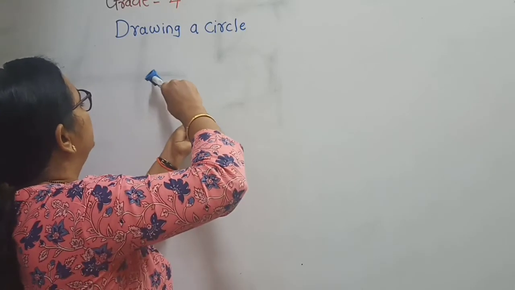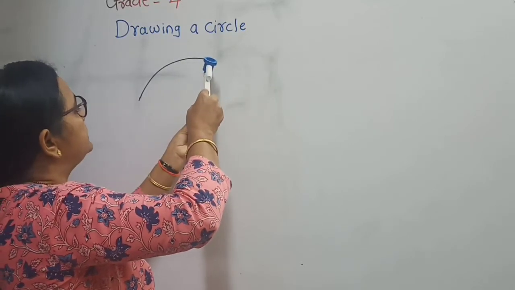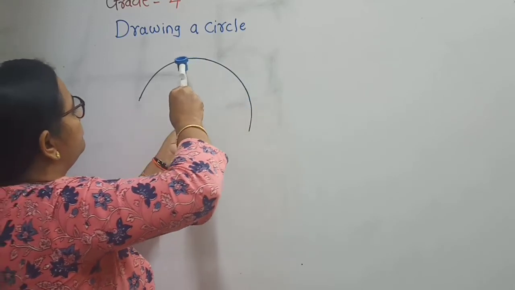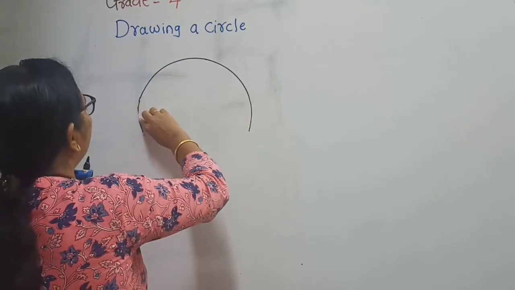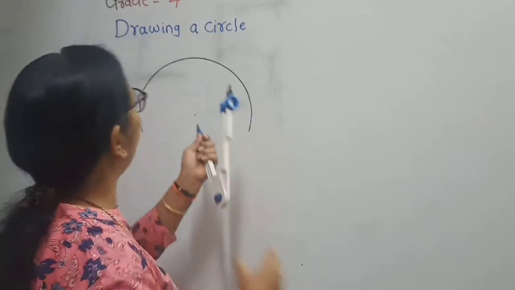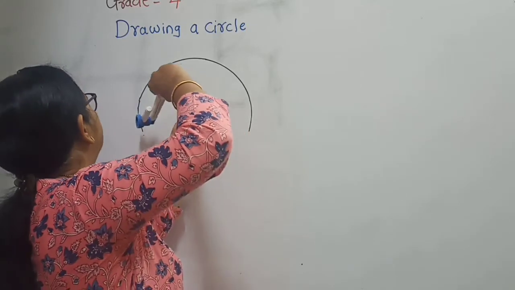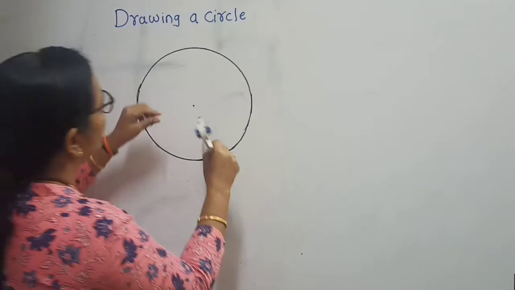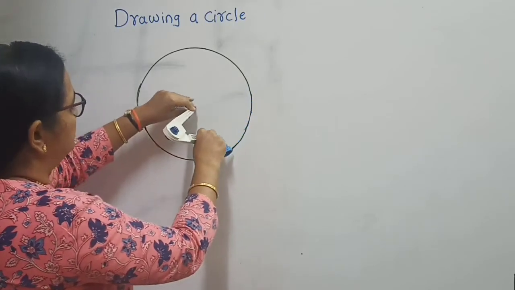And then with the help of this compass you can make a circle, like this. But you have to remember that you have to keep this metal point on this place only. With the help of this compass we have to draw a circle.